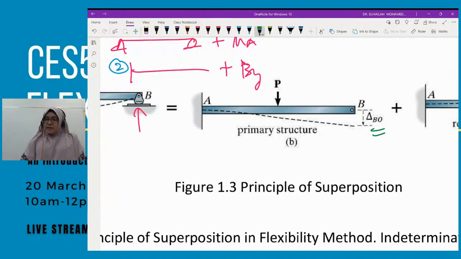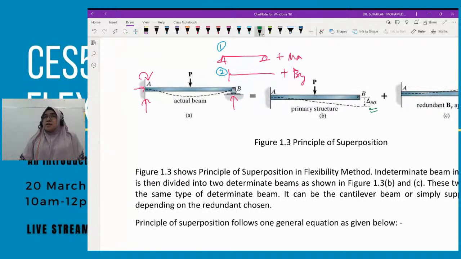Okay, semua definition ni ada dalam nota ni. Saya dah tulis. Okay. Delta B naught. Okay, station naught. Station is for type of beam. So kalau simbol dia delta B naught, automatically kita tahu yang position dia dekat B. Diagram tu is primary structure. Naught ni is always symbol for primary structure. Naught is primary structure.